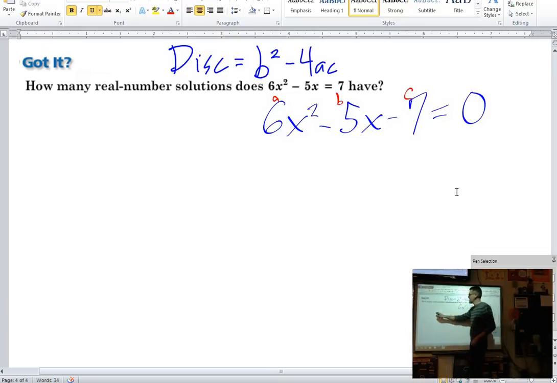Because we square root the discriminant when it comes to solving, if this is negative, it's impossible. So when we think about finding b squared minus 4ac, that's telling me, is it possible to take the square root or not? And if it's not possible, there's no solutions.